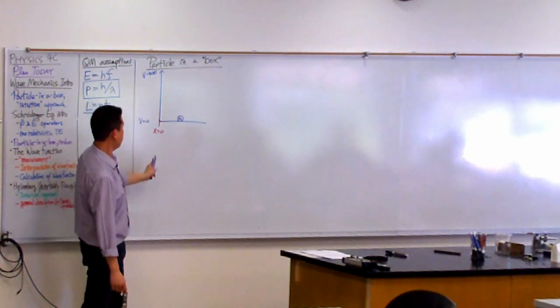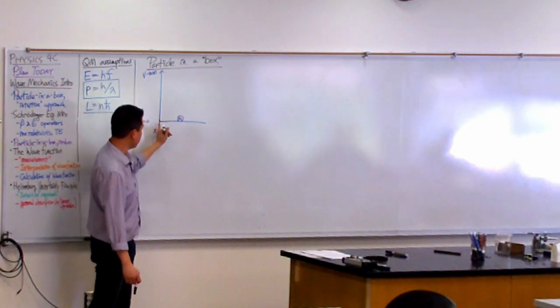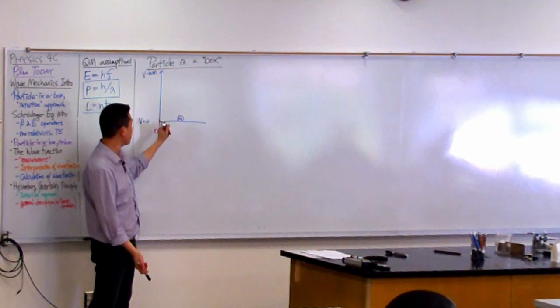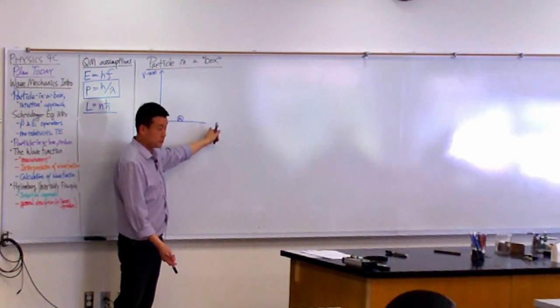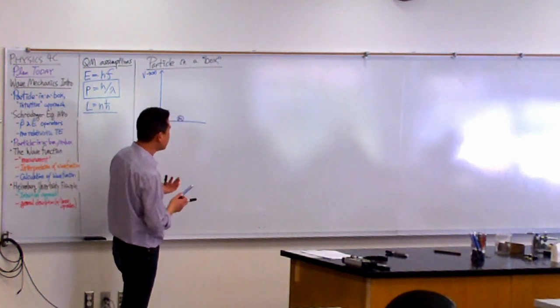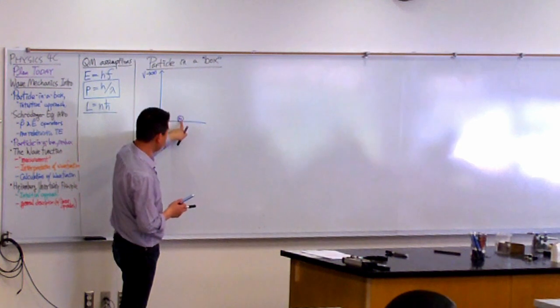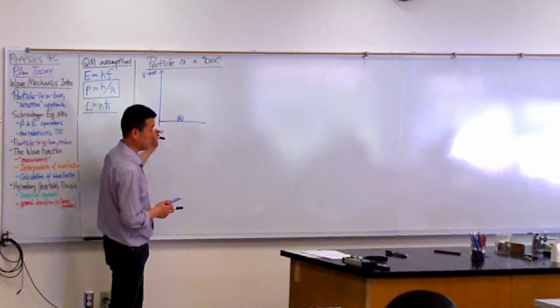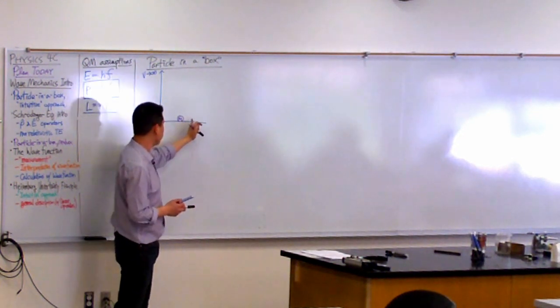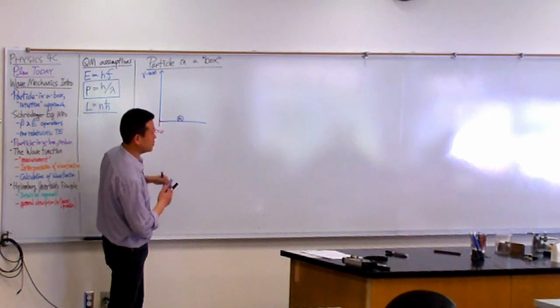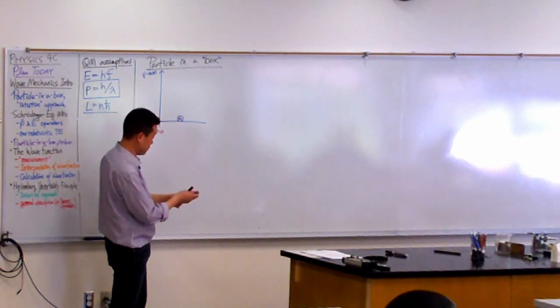Okay? And the particle is bounded here, and if it's going to be a box, you have to have a boundary at the other end too. So once again, what I'm plotting is the potential energy of this particle as a function of position. As it's moving here, its potential energy isn't changing. We are saying that's equal to the potential energy reference level, 0.